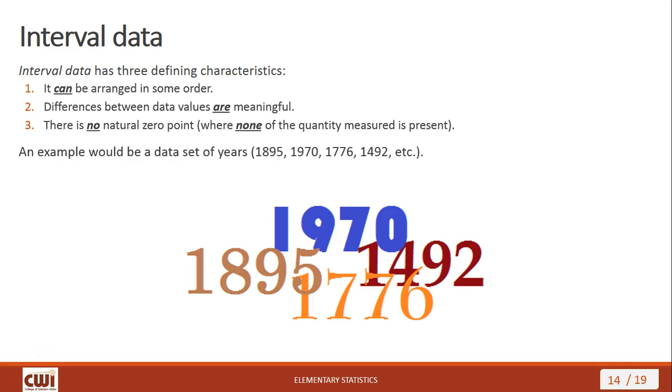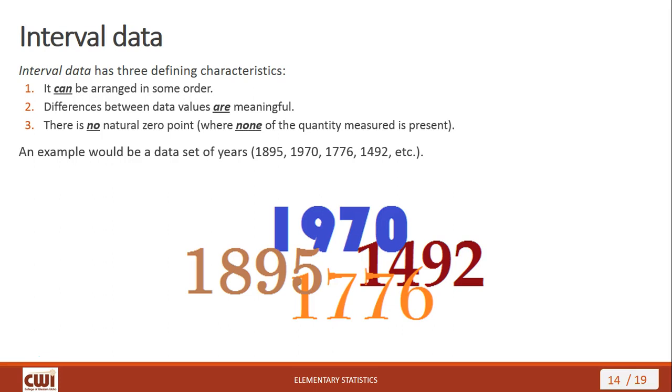But there's no natural zero point. The year zero is simply a standard year that's been used by Western society, marking the year that Christ was born, and that just comes from the history of Western civilization. So it's not like the year zero means that there's no quantity of year or anything. There's no natural zero point there. These years aren't actually measuring quantities of something from nothing.